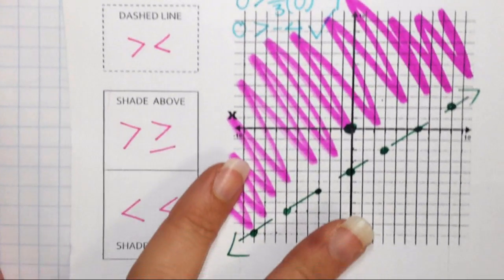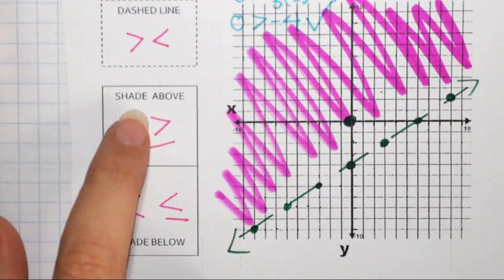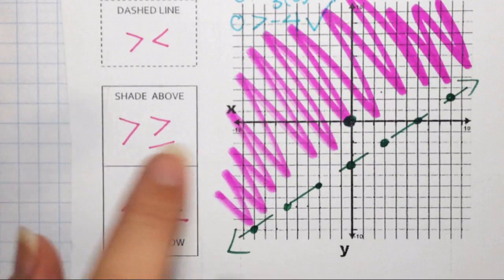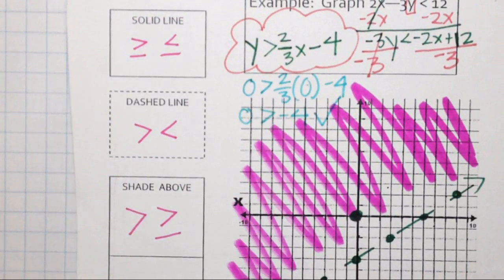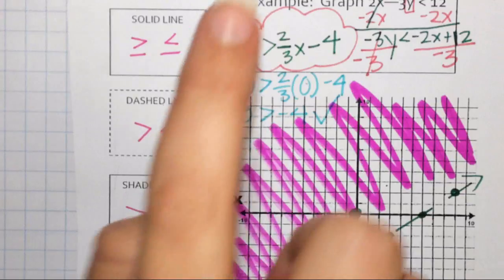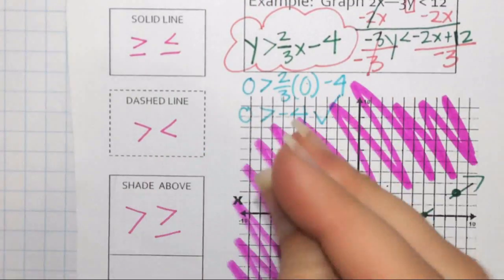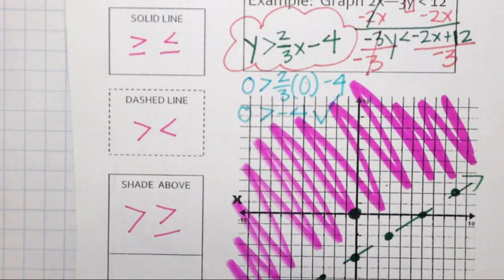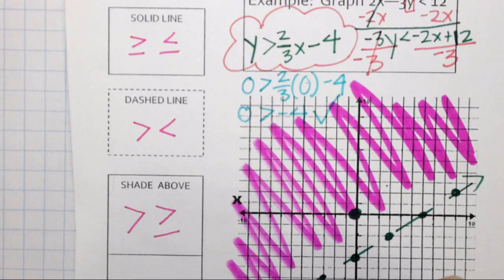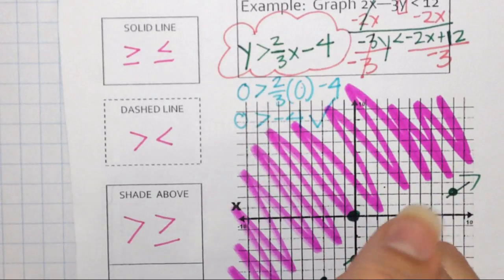No. If it's greater than, you shade above. Greater than what? That's what we just said. So do you see how this says greater than? Because it's eating the y. So you shade above. If it's eating the y, you shade above, and if it's not, you shade below. Correct. Did that go for the original one or the...? No, look at the final one.